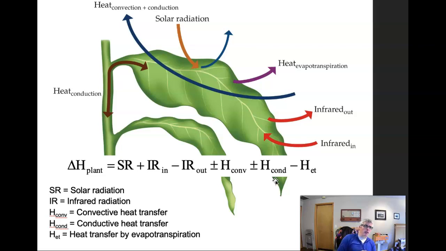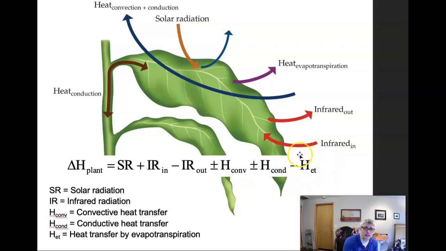If it's going into evening and the plant's warmer than the air, there's going to be heat loss via convection. If it's in the morning and the plant's cold and the day is warming, it could be a positive via convection. So these are both positive and negative. It depends on the context.